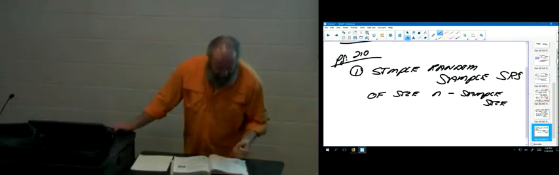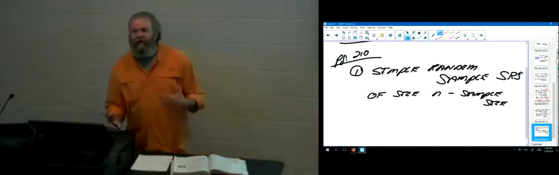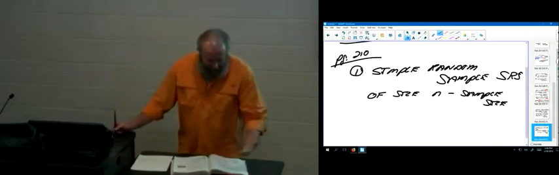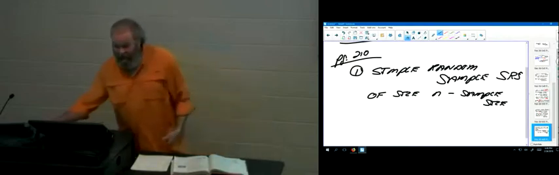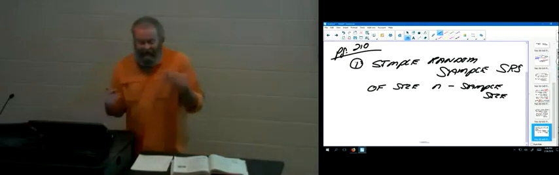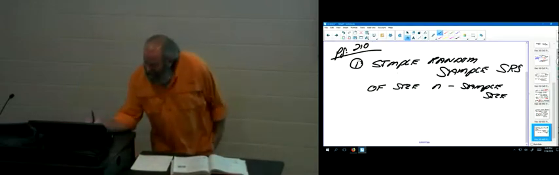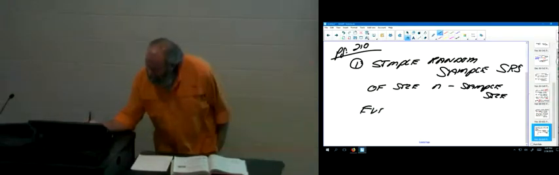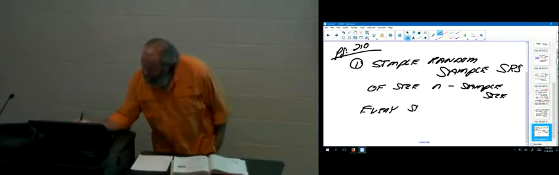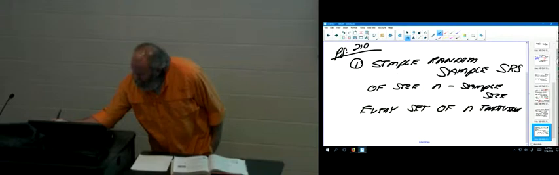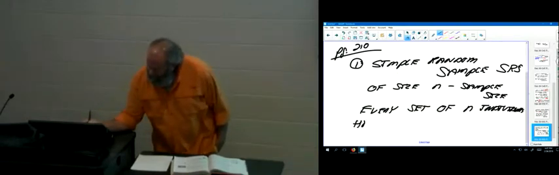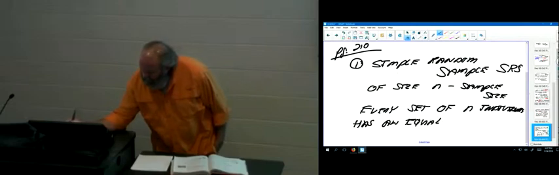From the population chosen in such a way, now here's where I've got to get my thought process right, that every set of n individuals has an equal chance to actually be selected. Obviously it has n individuals, but every set of n individuals has an equal chance.